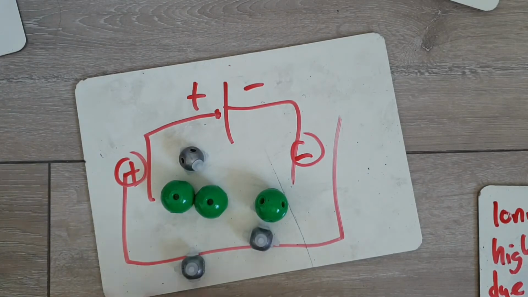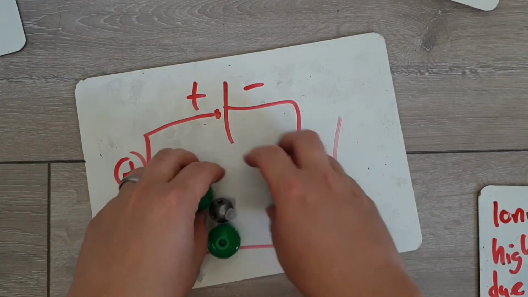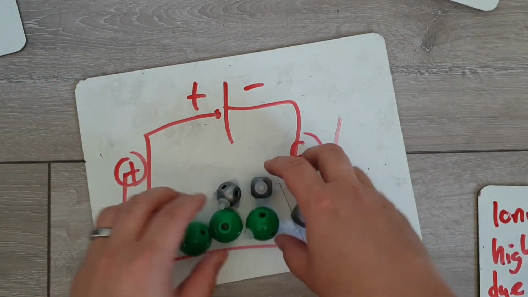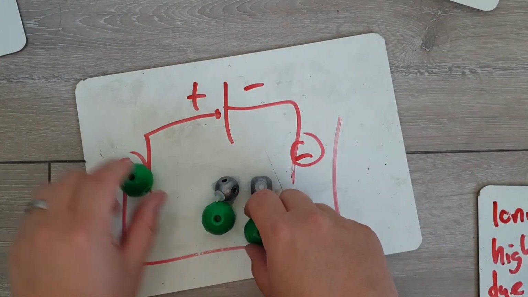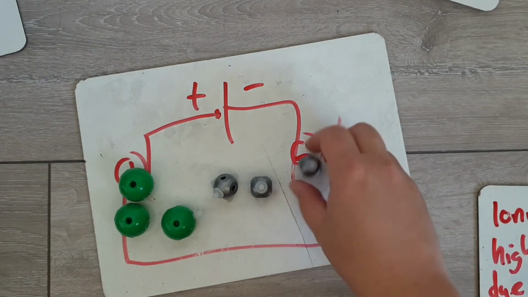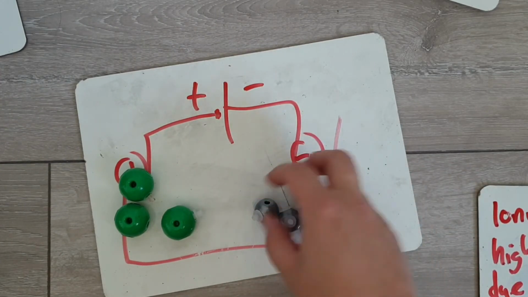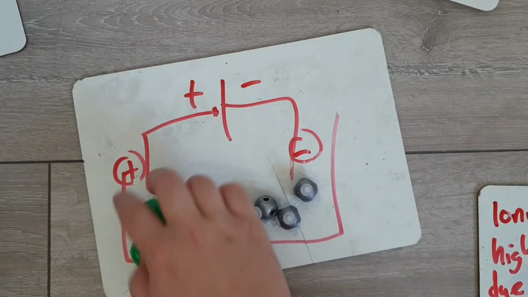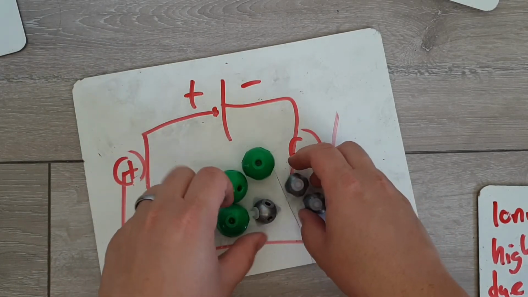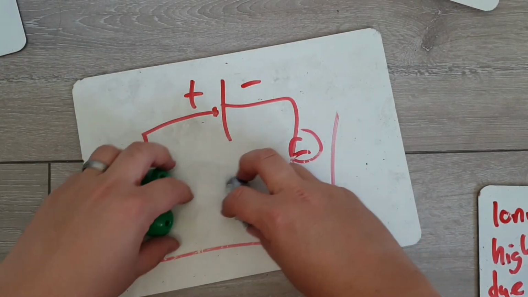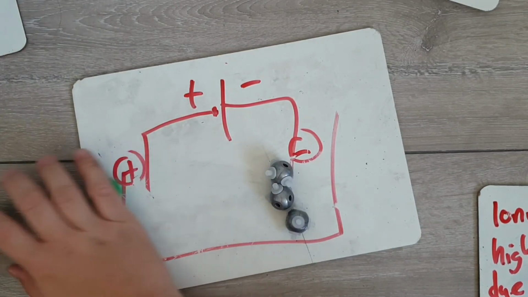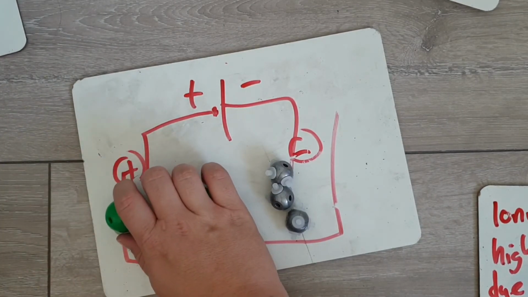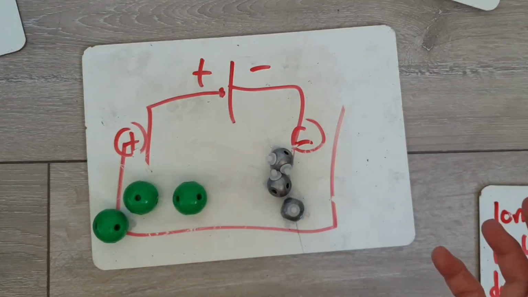That would mean the charges, because this is a liquid and they're all free to move around, as soon as you turn the switch and turn the battery on, all of these negative ions will move over this way, and all the positive ions will move over this way, because the positives are attracted to the negative and negatives attract to the positive. So the ions can move. Ions, remember, have a charge. So if ions are moving, it means charge is moving, and if charge is moving, it means it conducts electricity.